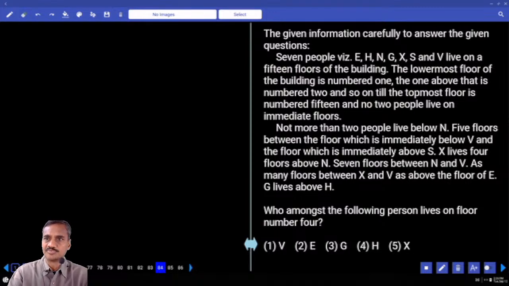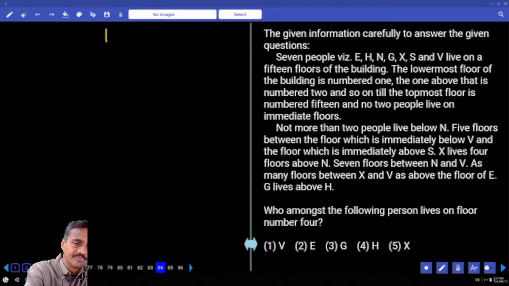That means all these persons may be on alternate places because out of these 15 we have exactly 8 odd numbers and 7 even numbers. Clear? So most probably there's more chance for these persons to be on even-numbered floors, isn't it? We cannot define this one, but chances were more and we can take a call at that place.